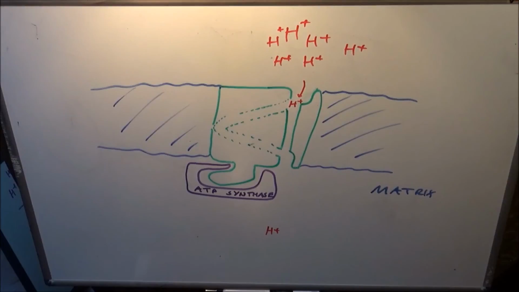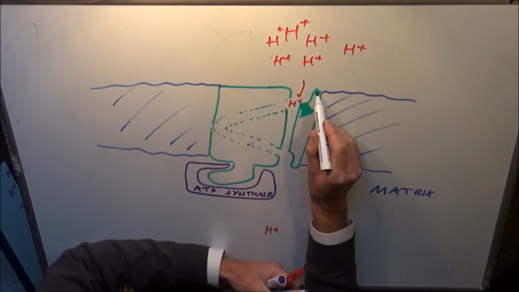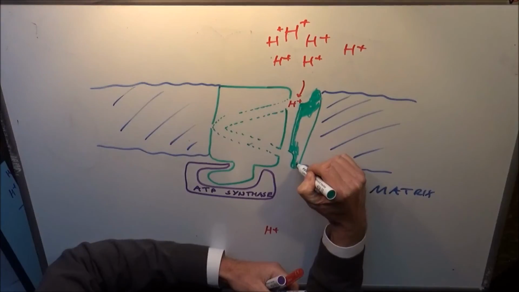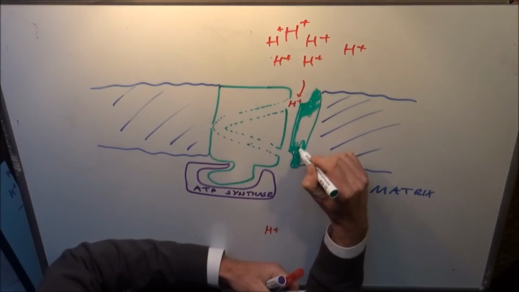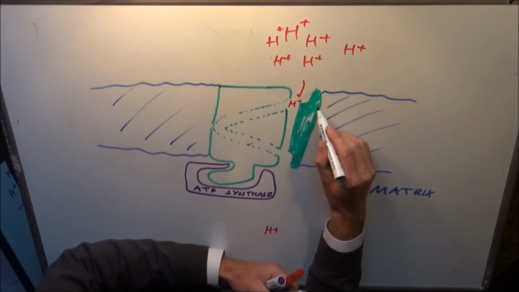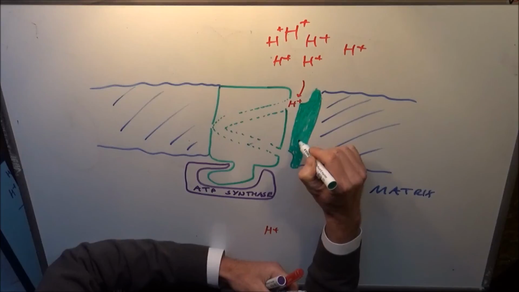Think of it as being slightly separate to this part of the protein complex, so I'll just colour that in. This is all highly simplified and schematic, and it's just to give you an idea of the mechanics of it rather than exact mechanistic details.